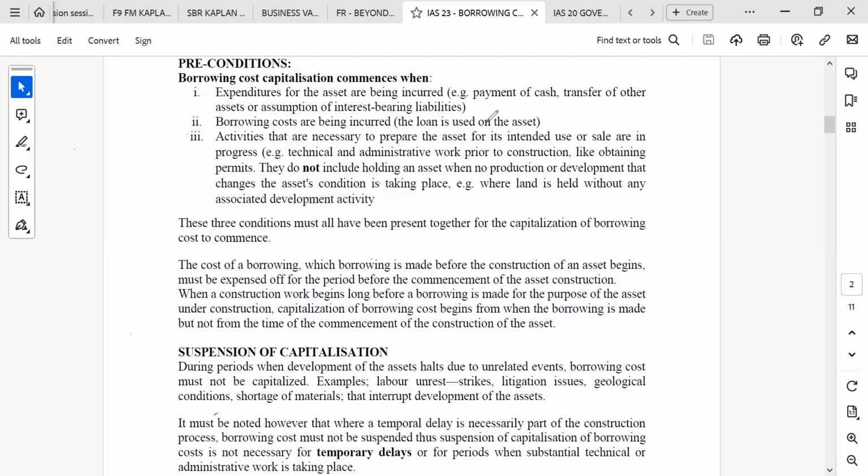We also have litigation issues where they will say stop work, produce permits. Or there can be a shortage of raw material. So if these activities occur, capitalization of borrowing costs should cease from the time that this activity occurs to the time that it will end.